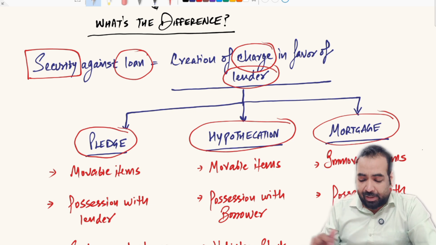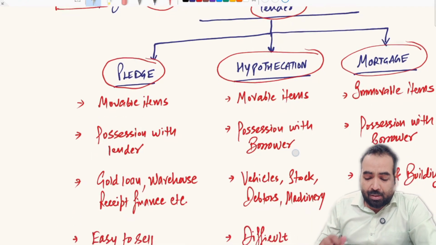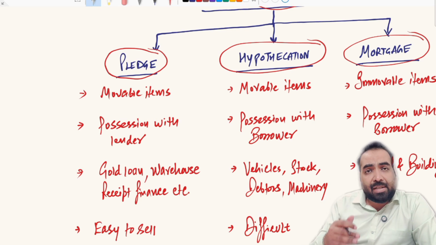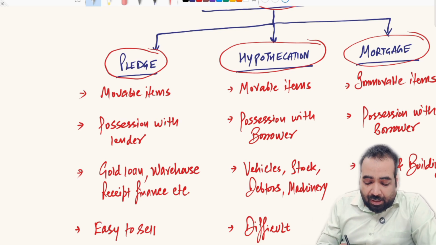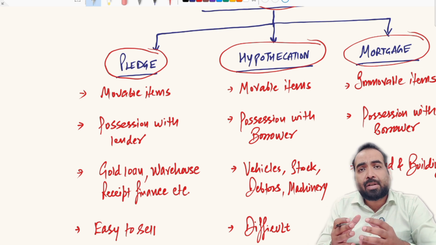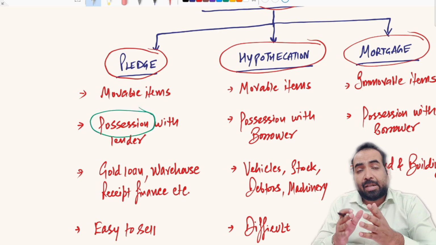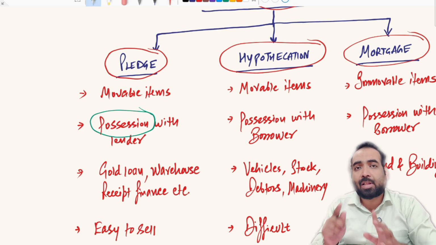So what is the difference between these three items? Listen carefully. First we discuss pledge. Pledge is a way to create charge in which the physical possession of the security is kept with the lender. Remember, the physical possession remains with the lender, not with the borrower.